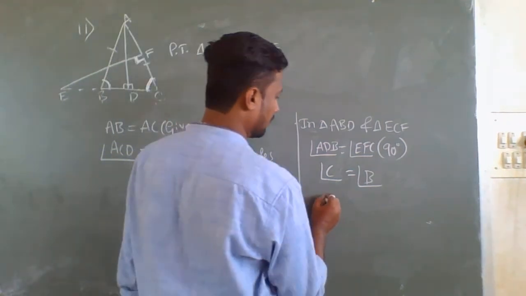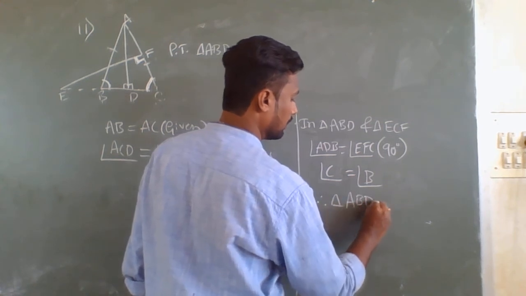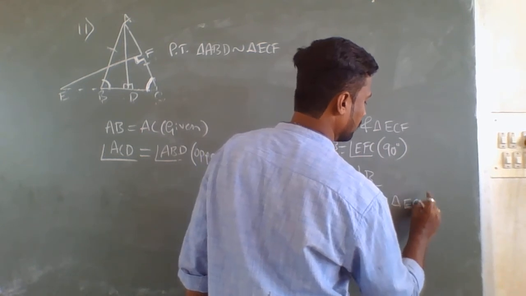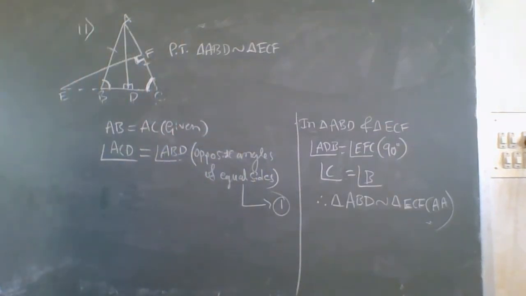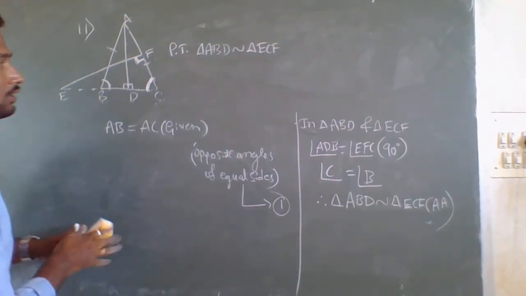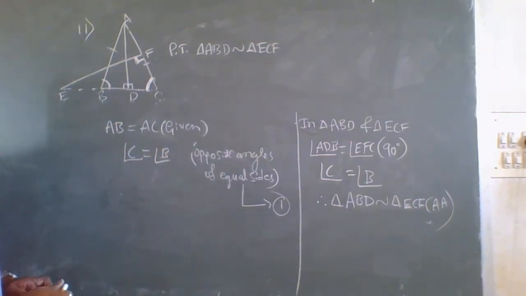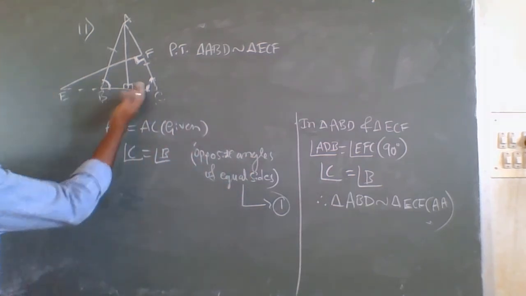Therefore, we can write that triangle ABD is similar to triangle ECF by AA. Here AB is equal to AC, as given, so in place of angle ACD equals ABD you can also write directly angle C is equal to angle B, because these two angles are opposite angles of equal sides.